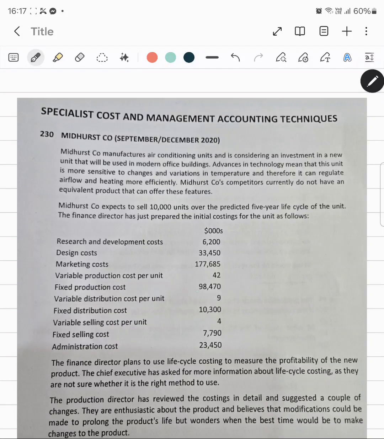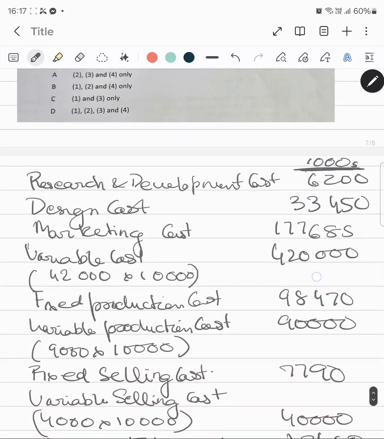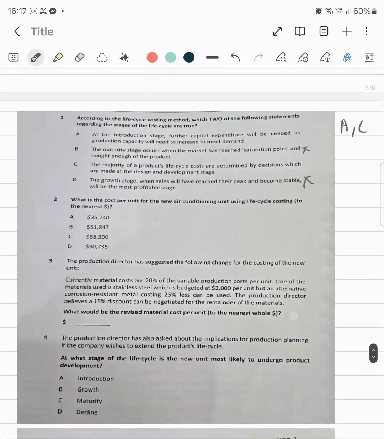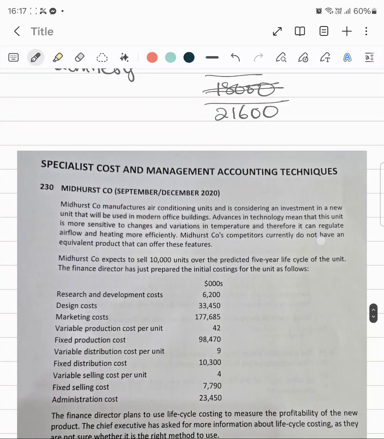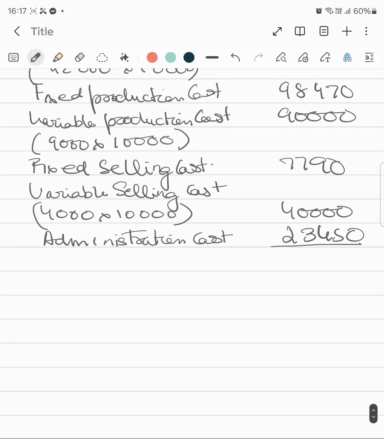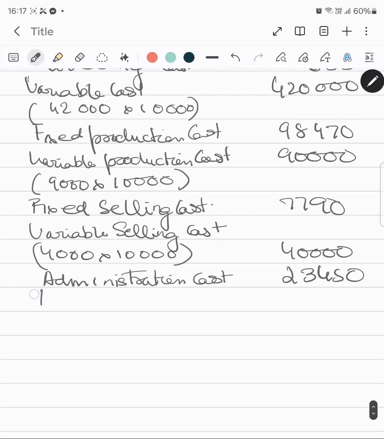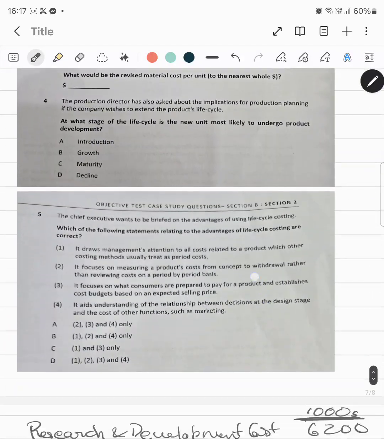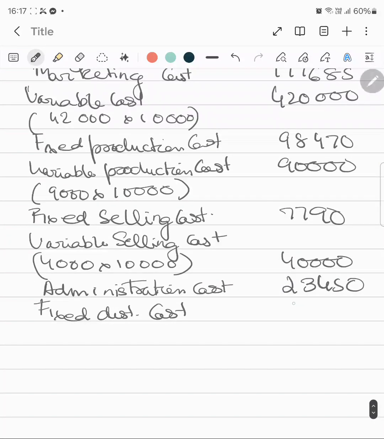Did I include this? Fixed production cost. Yes, I had already included this. Fixed distribution cost. Yes, I had not included fixed distribution cost. So the fixed distribution cost over here is 10,300. This is fixed, so we will take the amount as it is.